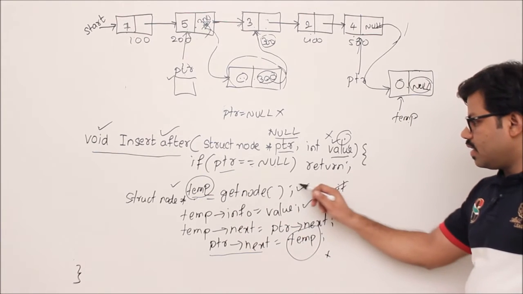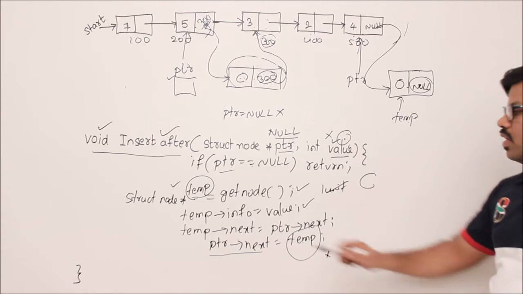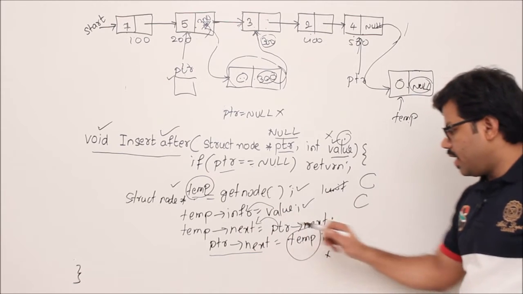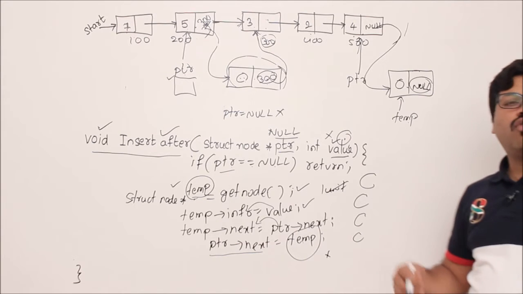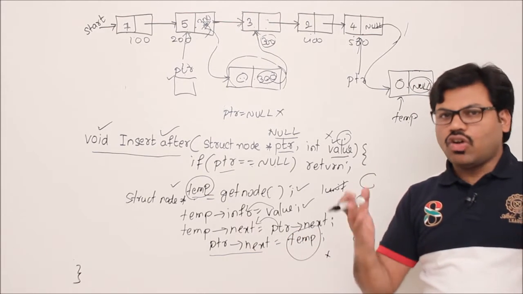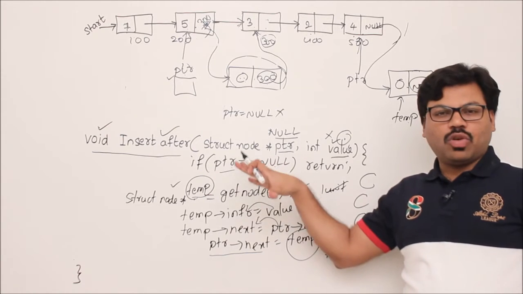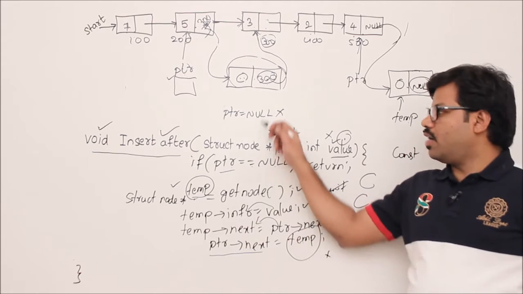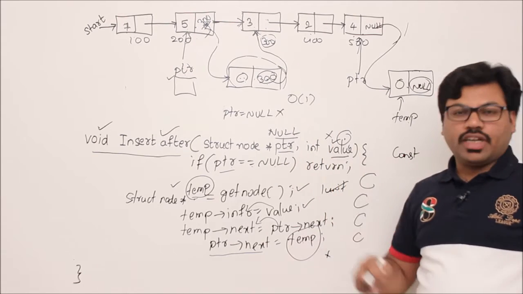That's why I can say that this entire thing takes constant time, and simple assignment takes constant time. Again, simple assignment takes constant time. There are 4 constants, so constant plus constant plus constant plus constant is constant. So this entire program's time complexity is constant. Okay, so order of 1. So this is about insert after.